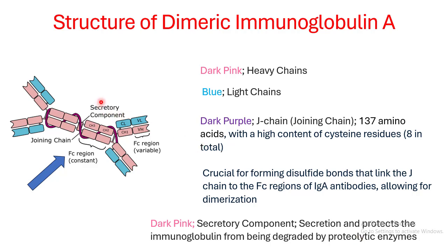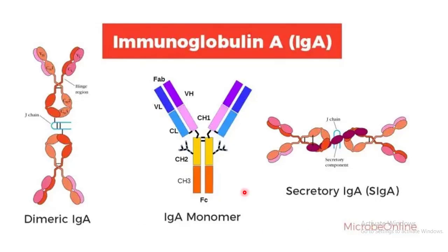Don't worry about the secretory component for now; in the coming video, because that is very important. How the secretory component is produced and how it works would be the focus of our next video. But in this particular video, keep in mind that the secretory component is for secretion and protecting the dimeric immunoglobulin A.